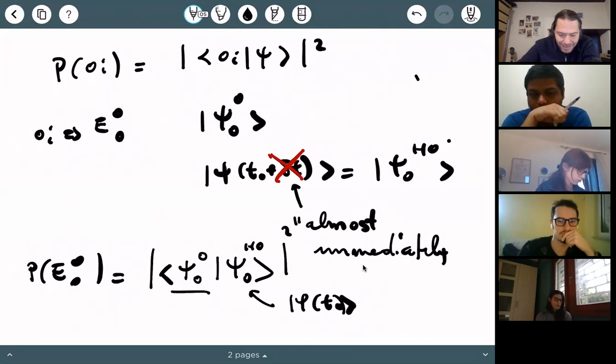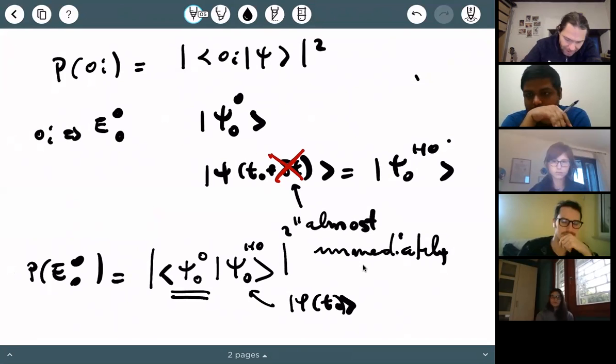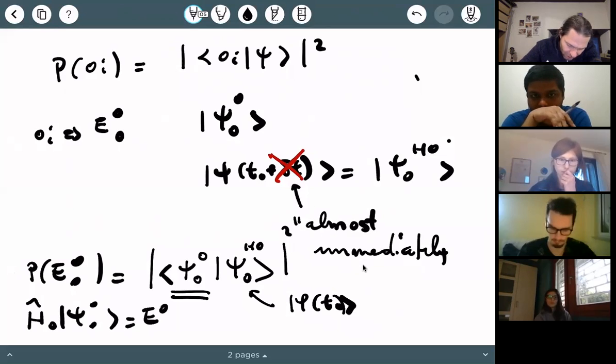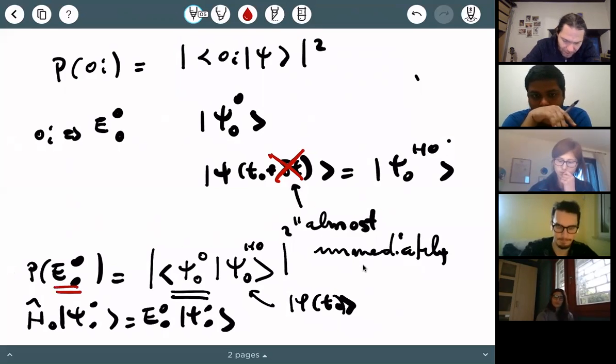This is the eigenstate associated with the corresponding eigenvalue, the state such that H naught psi naught naught equals the eigenvalue times psi naught naught. So I want to get the probability of this eigenvalue.